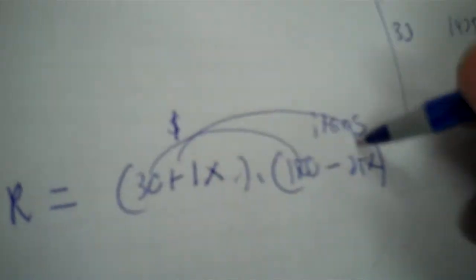I usually just use X. So 30 multiplied by 1,500, 30 times negative 25x, 1x times 1,500, and then 1x times negative 25x.